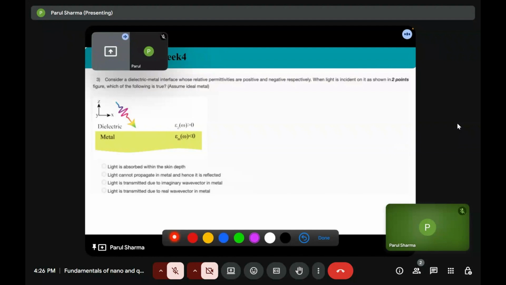So in the dielectric, epsilon d of omega is greater than 0. What does this mean? It means that the wave vector is real, and we have propagating light.